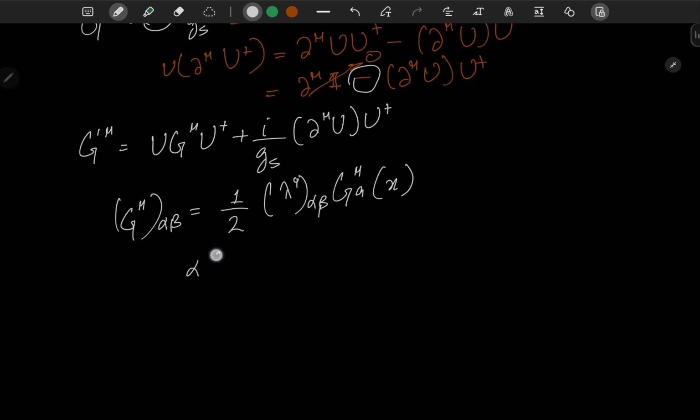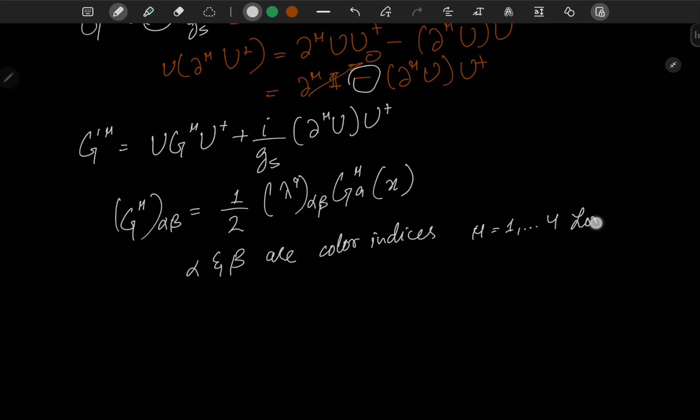Here alpha and beta are color indices, and mu goes from 1 to 4.